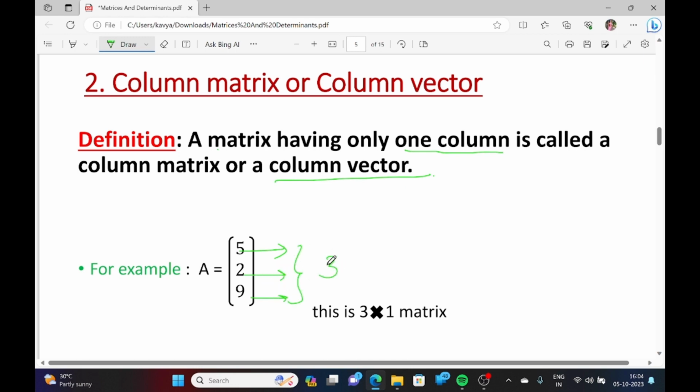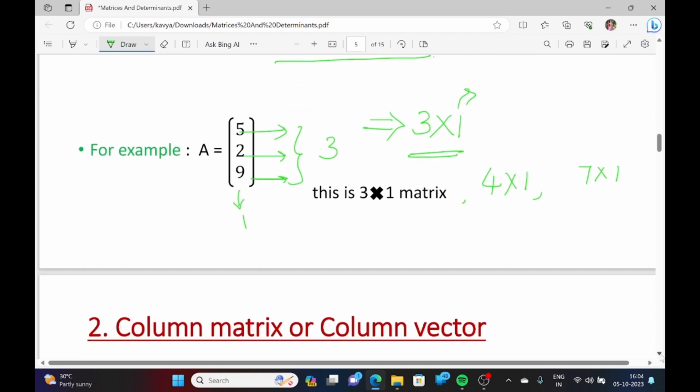Three rows, and only one column. That means the order of this matrix is 3 cross 1. So we have only one column, that is called a column matrix. For example, we can write 4 cross 1 and also 7 cross 1. These are some examples of column matrices.